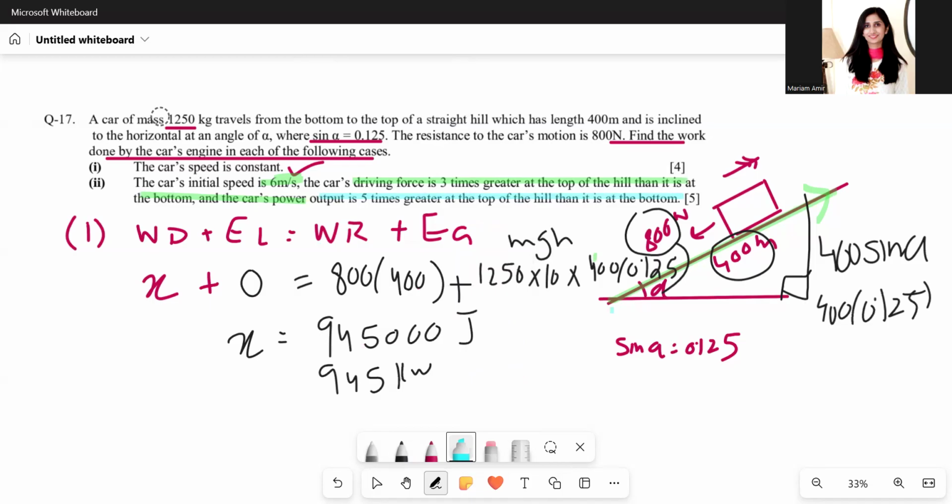Okay, again we have to find the work done by driving force.